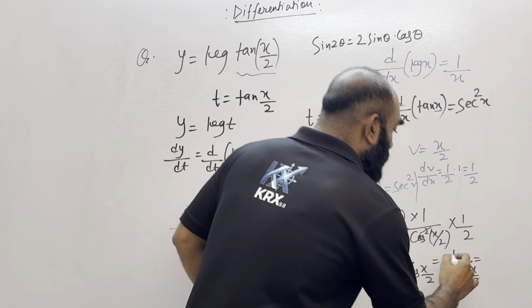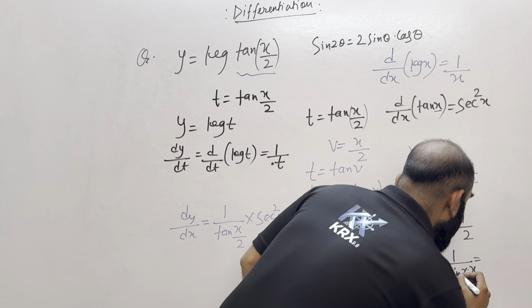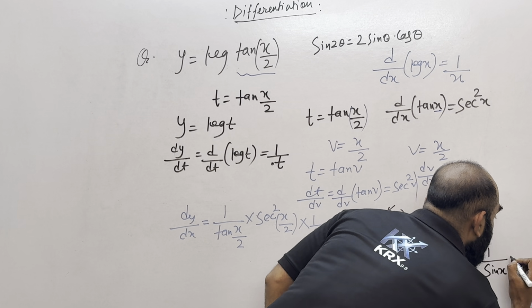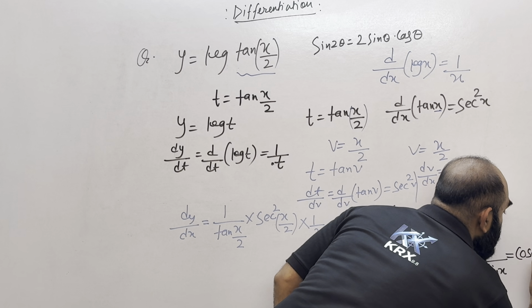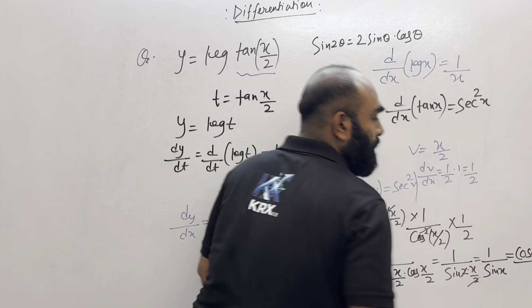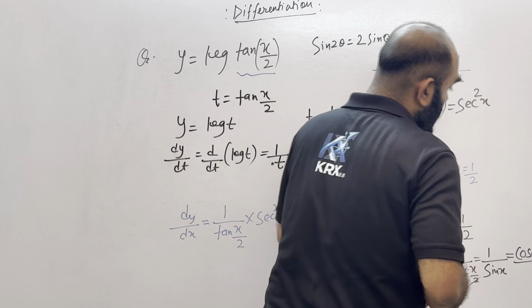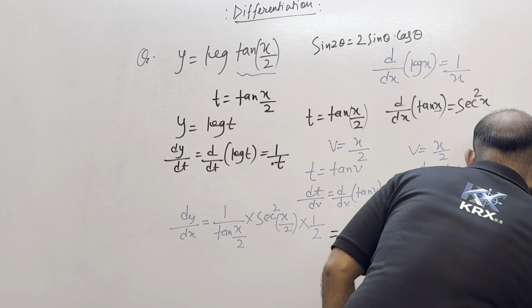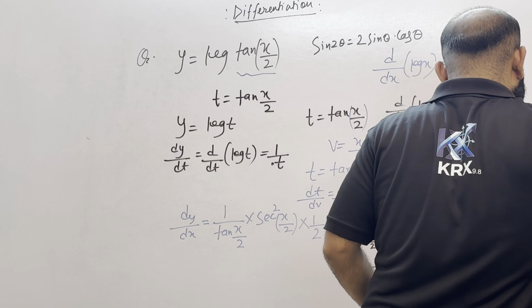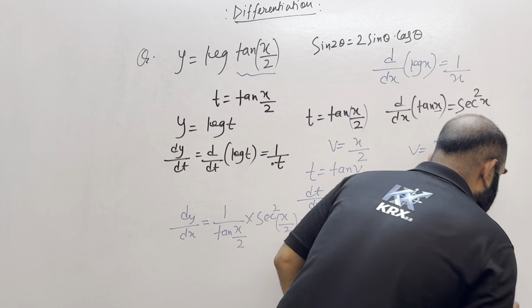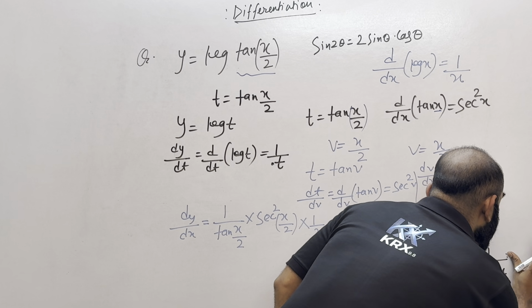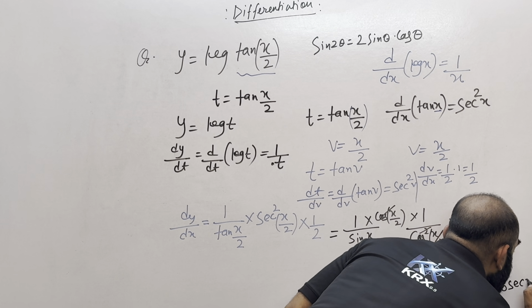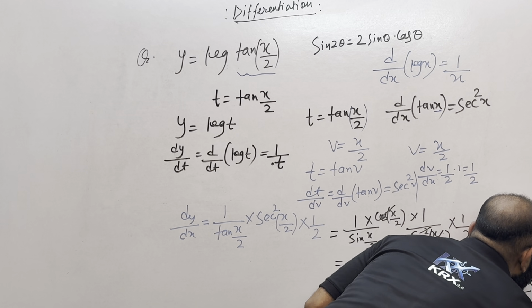So it will come, 2 cancel. So we have 1 by sin x. 1 by sin x is nothing but cosec x, and this is the final answer.